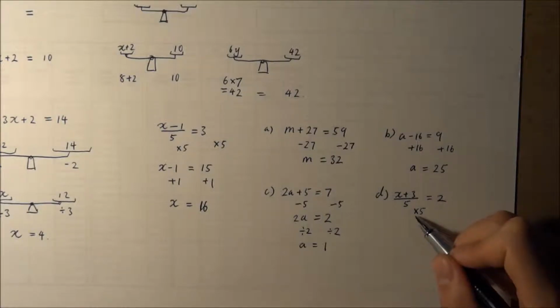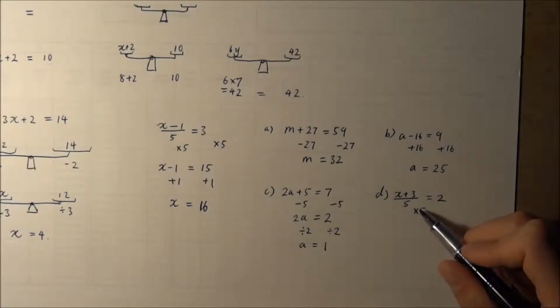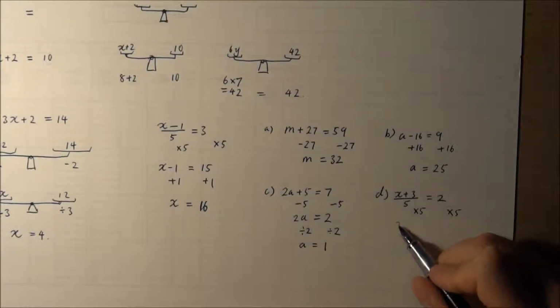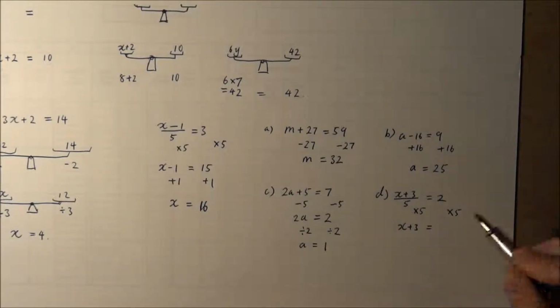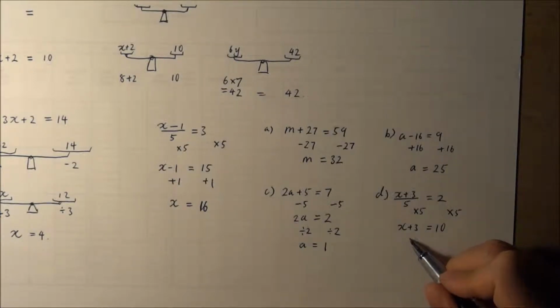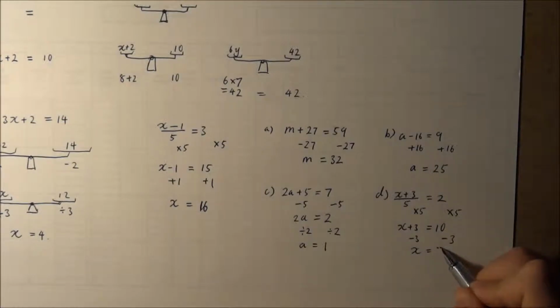So multiplying by 5 cancels out dividing by 5. And whatever we do here, we have to do to the other side as well. So we have x plus 3 equals 10. And then we subtract 3 to get rid of the 3 here, so we end up with x equals 7.